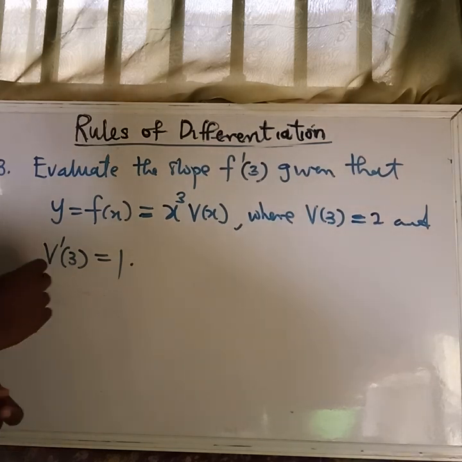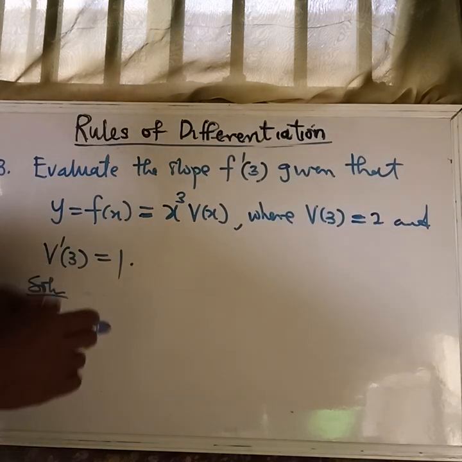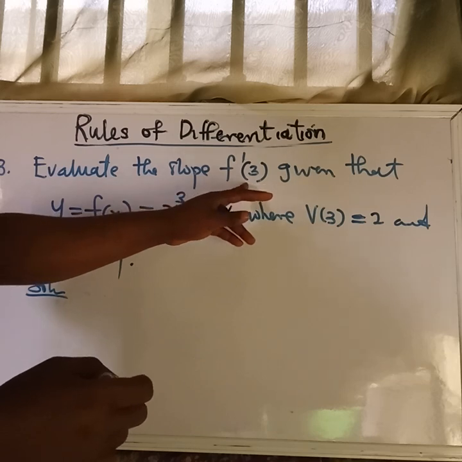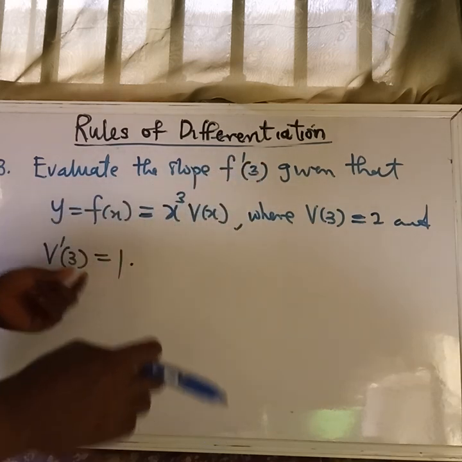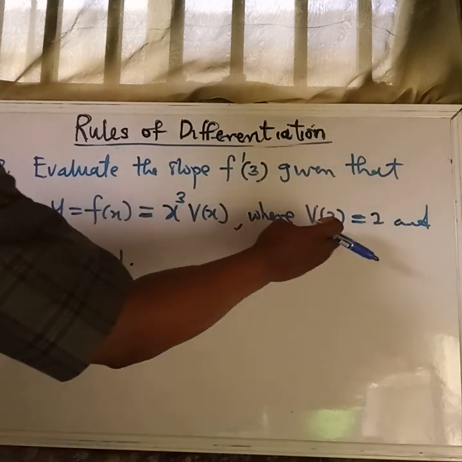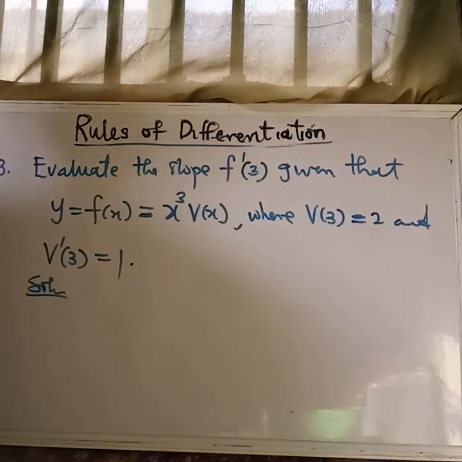So, solution. Don't forget, we want to evaluate the slope at 3, and the function is given as this, where v of 3 is 2 and v prime of 3 is 1.